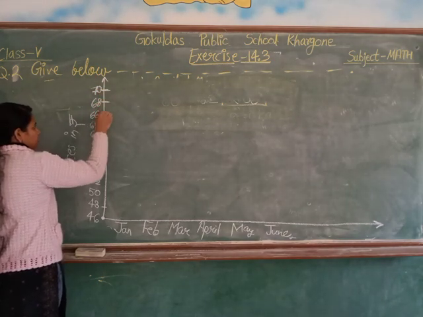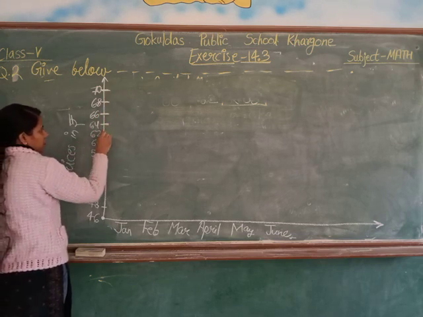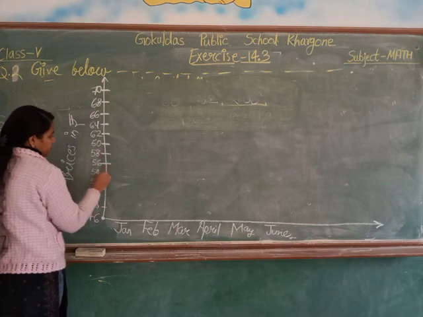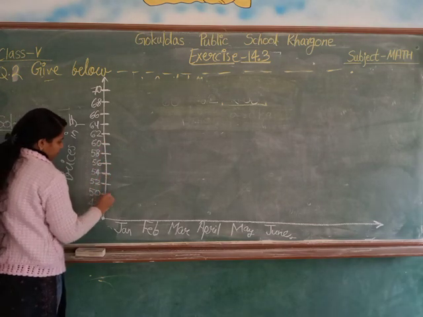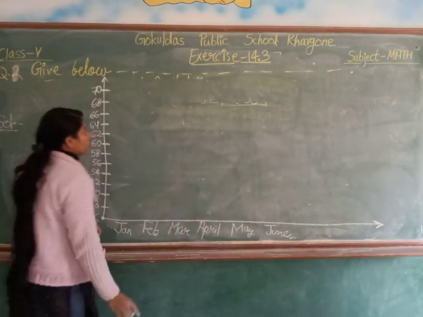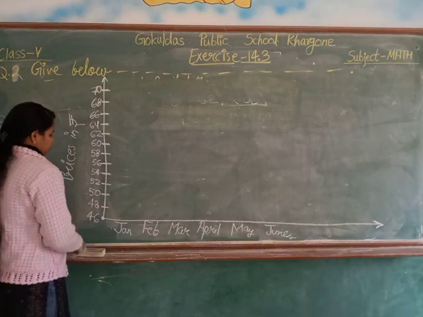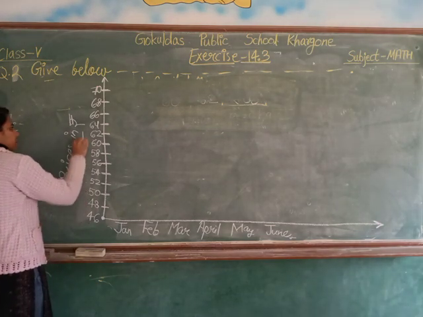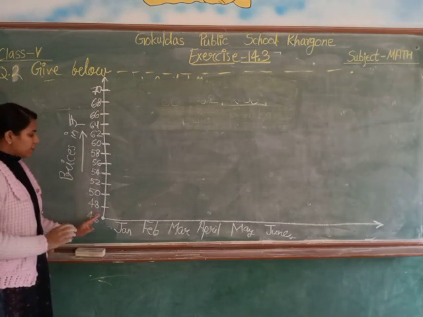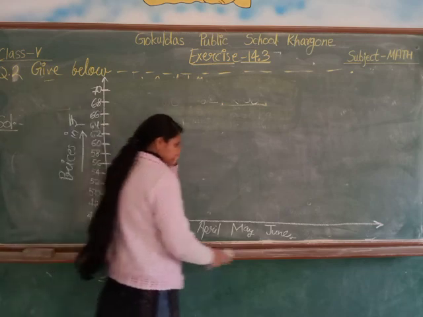Mark these points. The distance between all these points must be equal, we remember this, and the gaps between them should also be equal. Okay, so we are done with our vertical axis and horizontal axis.